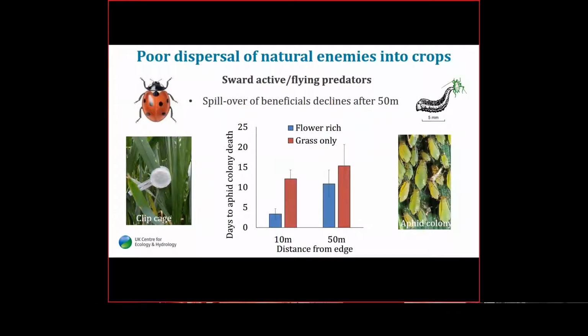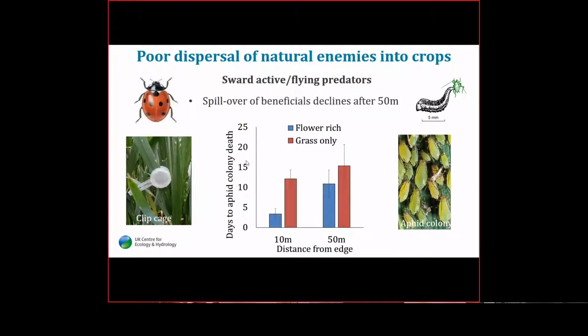And we did tell the farmers we were doing this. And then we went back every day or so and counted how many aphids were left in the colonies.